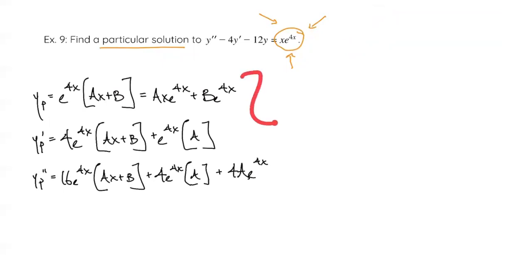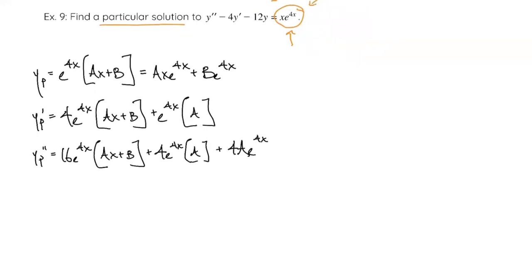We're going to take our y prime and our y double prime and substitute those into the left-hand side. We're going to find the values of a and b that make it equal to x e to the 4x. So we get 16ax e to the 4x plus 16b e to the 4x plus 4a e to the 4x plus 4a e to the 4x.